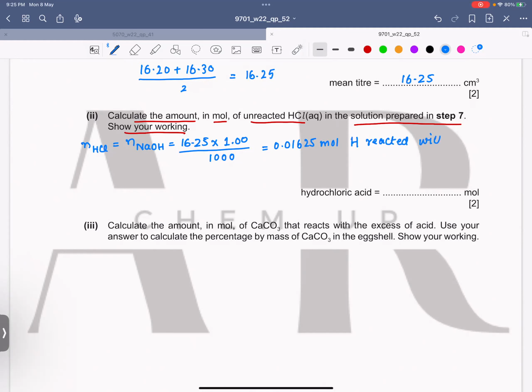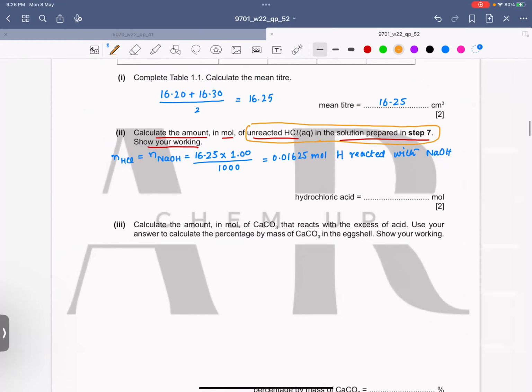0.01625. These are the moles of HCl that reacted with sodium hydroxide. Now, if you read the question again, they are saying calculate the amount in moles of unreacted hydrochloric acid in the solution prepared in step 7. So these are the moles.